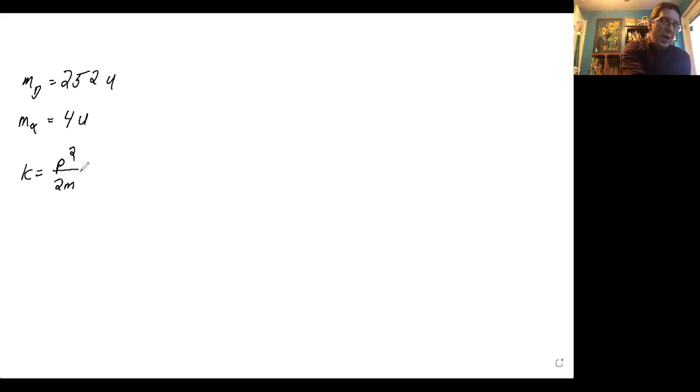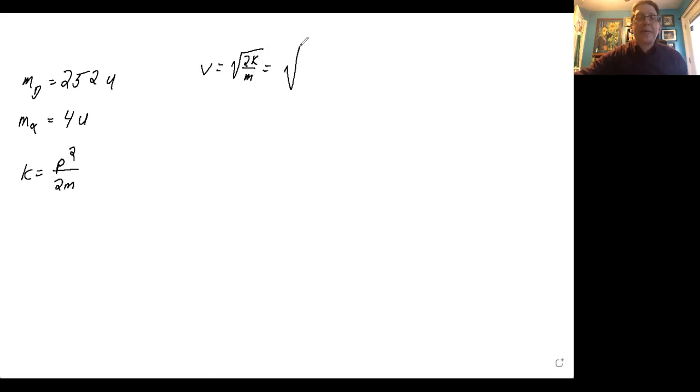So the first thing you want to do is check to make sure whether we're talking about relativistic or non-relativistic kinetic energy. So let's figure out the velocity of the alpha particle, at least in the classical sense. And so that's the square root of 2K over m.